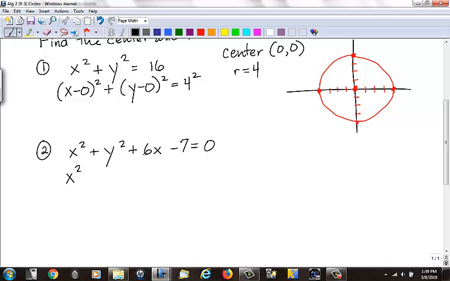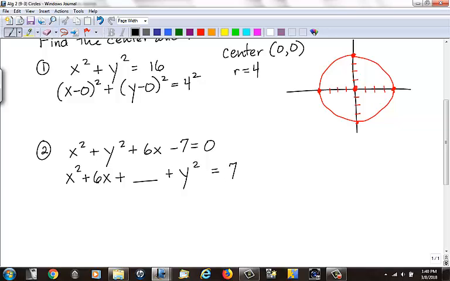So group the x squared, and you got to take the sign in front of the 6x, so plus 6x. And I would always do plus and leave a blank. Okay? And then plus y squared. Okay? And take the 7 to the other side, add 7.